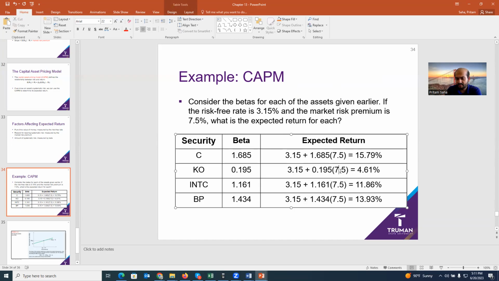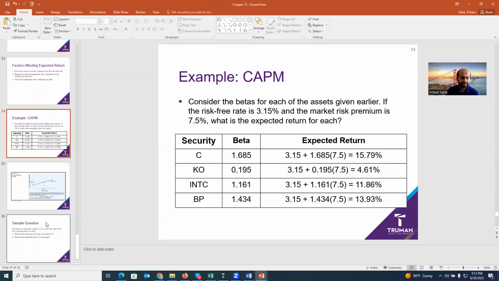Now this is the expected or required return on stock C, KO, INTC, and BP. If you rank these stocks, stock KO has the lowest expected return because of the lowest systematic risk. Stock C has the highest expected return because of the highest systematic risk.